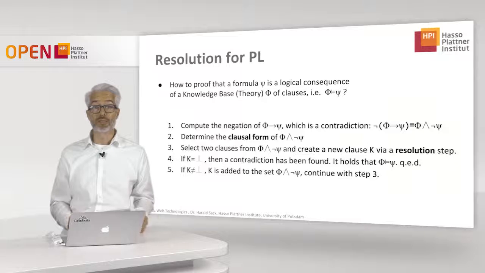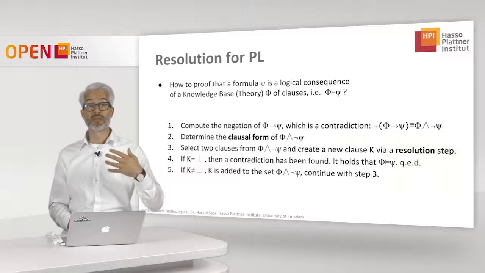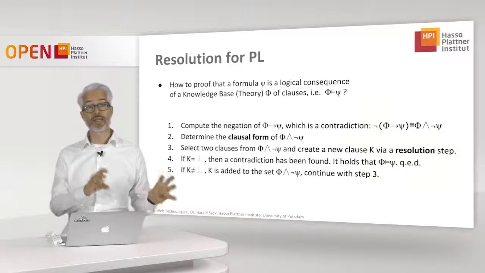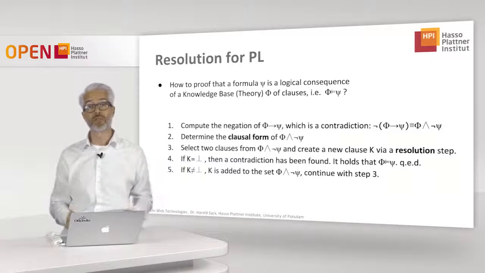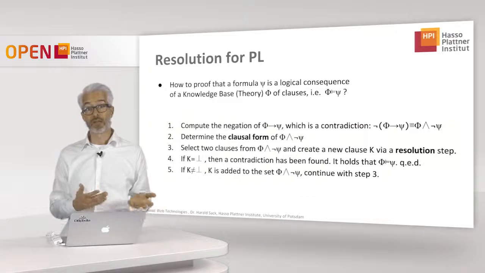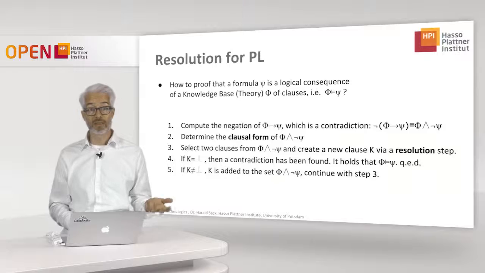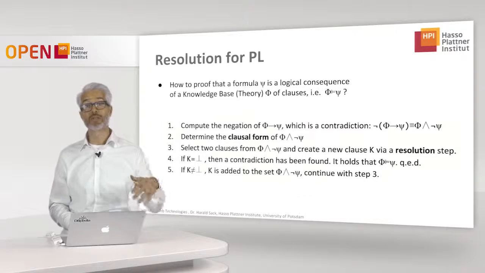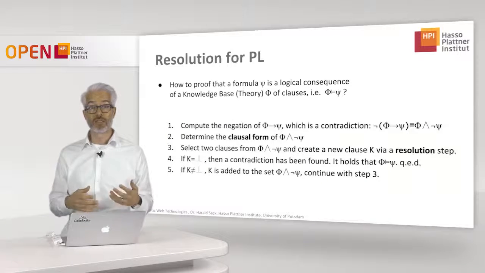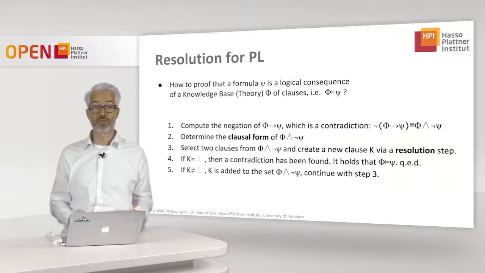Then we determine the according clausal form of this logical expression, and we select two clauses from our newly extended knowledge base and create a new clause K via our known resolution step. If K is empty, then a contradiction has been found and our original assumption was true, so psi can be logically deduced, or entailed, from phi.